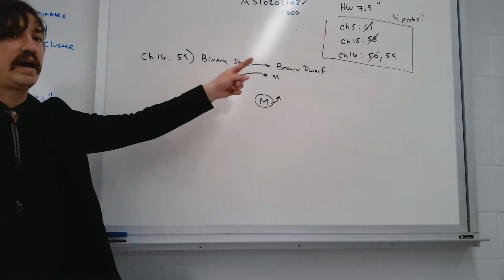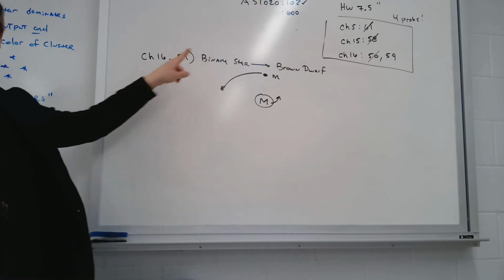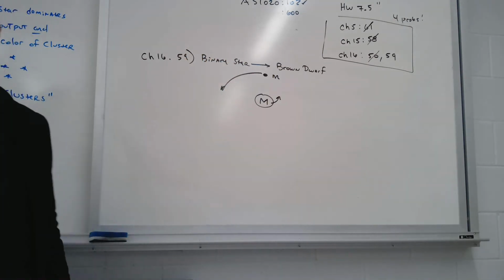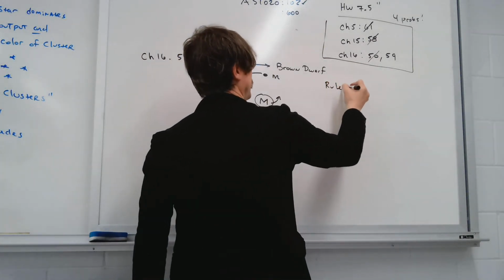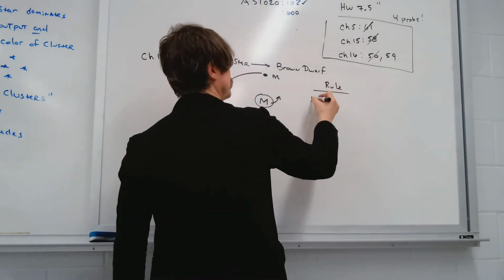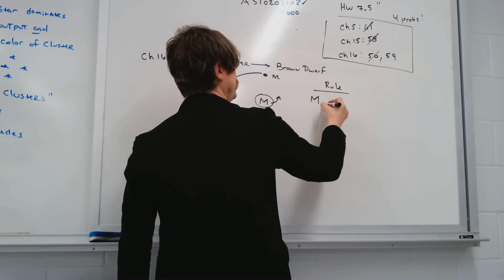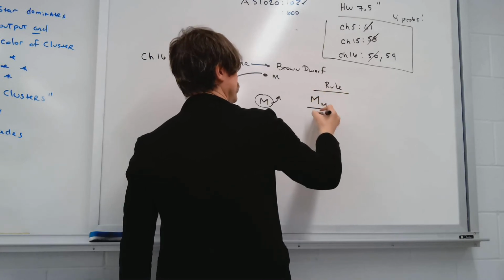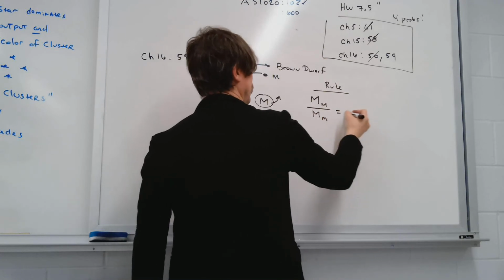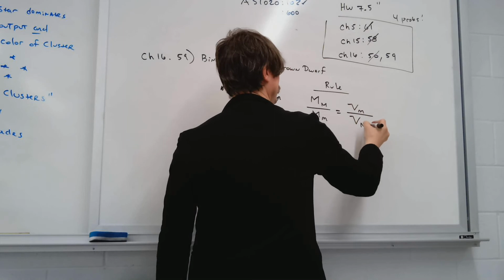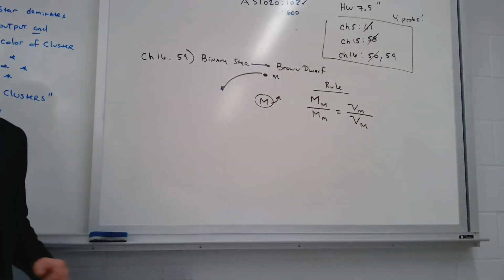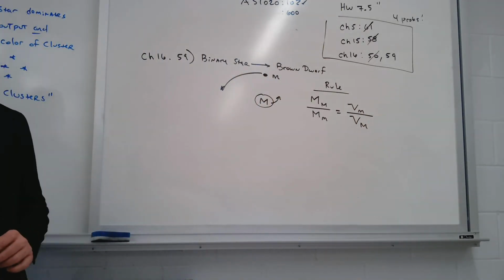Because the little guy has less mass than the big guy, it will end up having the greater velocity. And there's a famous rule for binary stars that goes like this. The ratio of the masses, say the big guy to the little guy, will be the inverse ratio of their velocities in the binary star system.